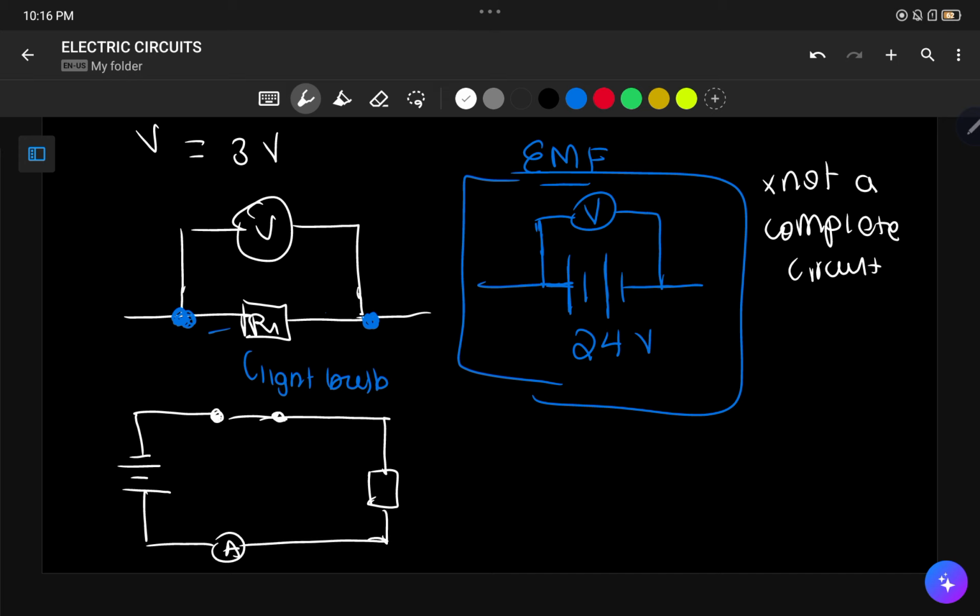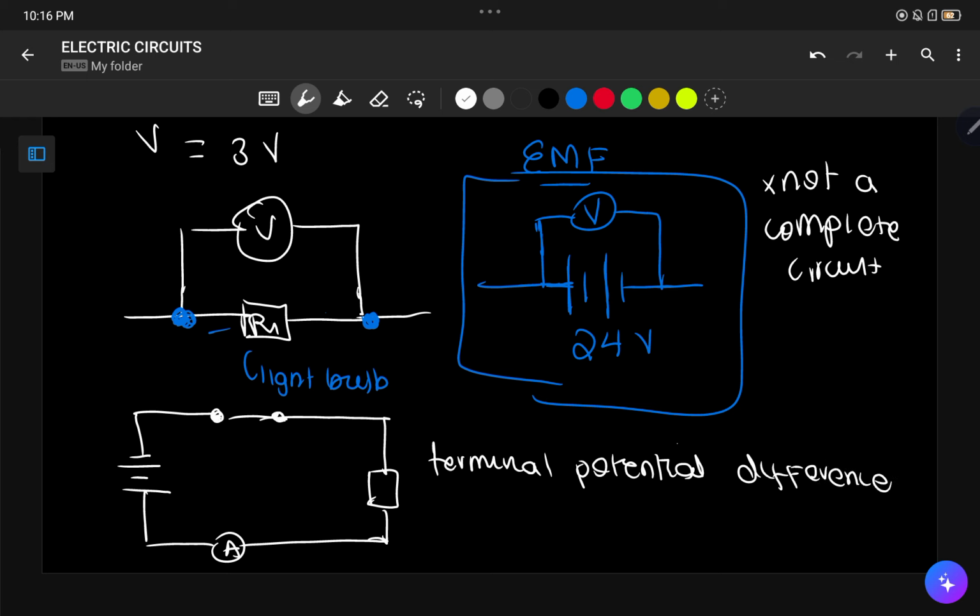And they say calculate the potential difference. In this instance, you will not be concerned with EMF, but with terminal potential difference, because it is a complete circuit or a closed circuit. So you need to be able to differentiate between EMF and terminal potential difference.